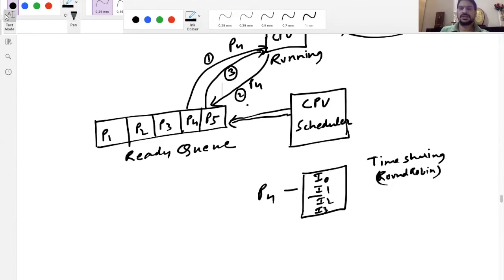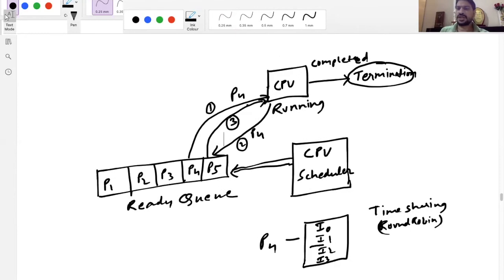So we have two types of CPU scheduling. One is called preemptive, another is called non-preemptive.